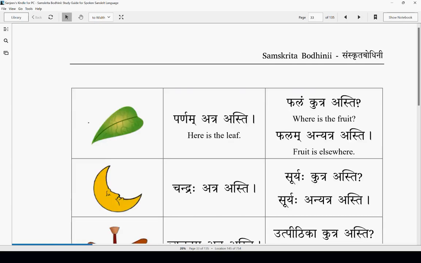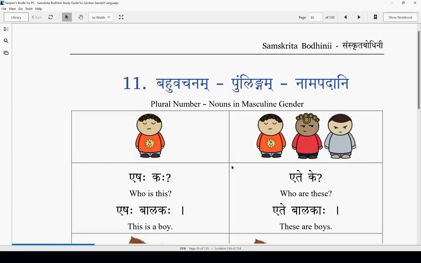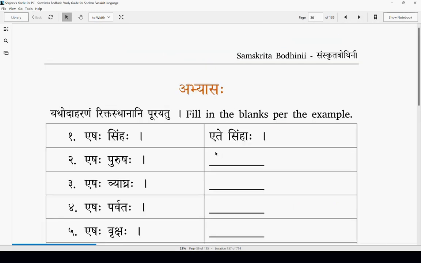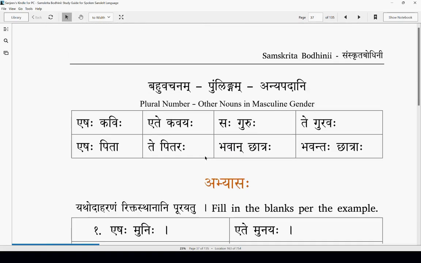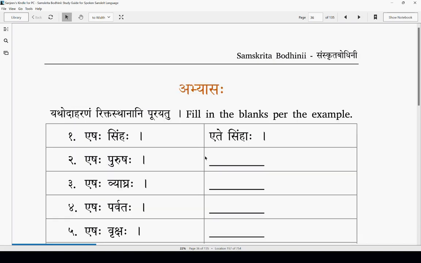Page 26. This is on Ekavachana Pullinga Akaranta Padani. I've been studying the words ending in a, right? Simhaha, Purushaha, Vyaghraha.